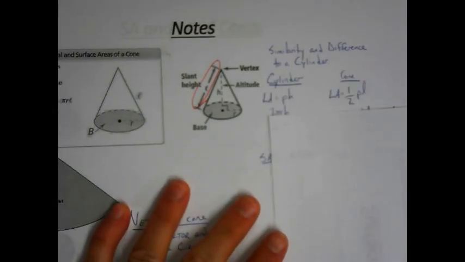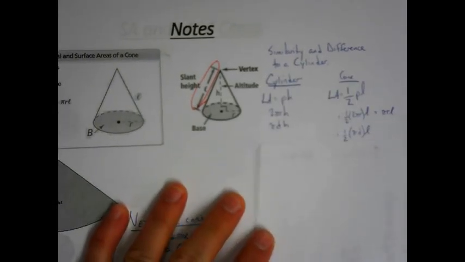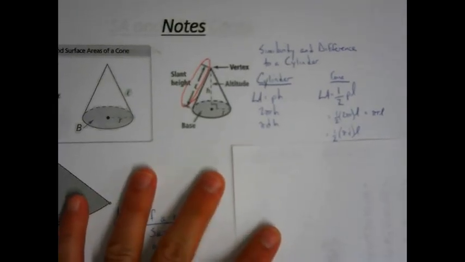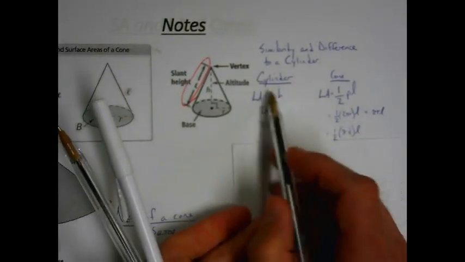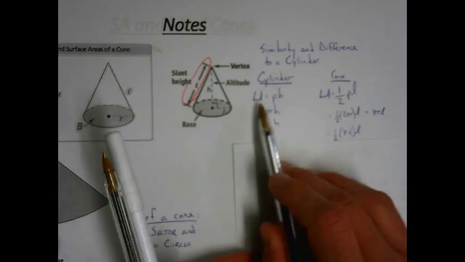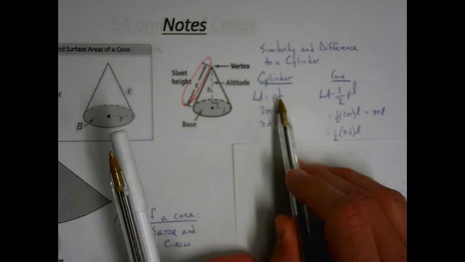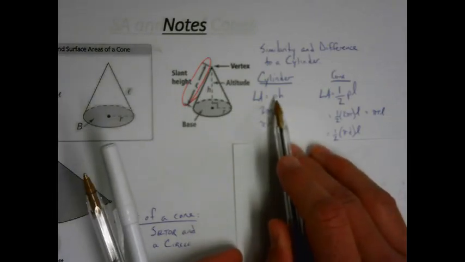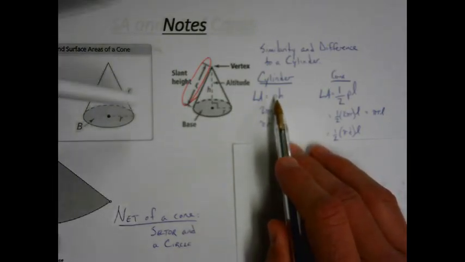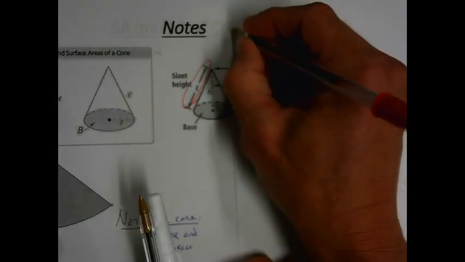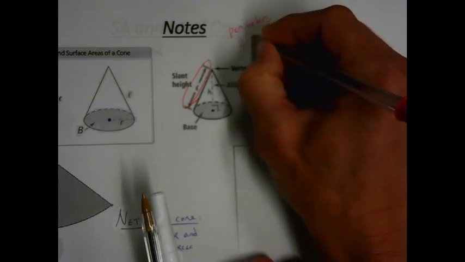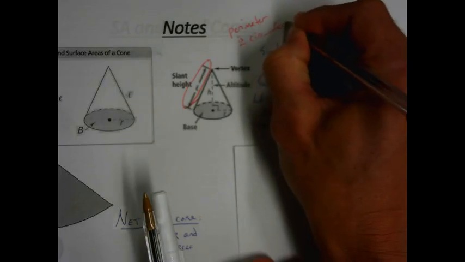So check this out. This looks a little bit crazier than it should. When we had our cylinder, if you remember, the lateral area was the perimeter of the base times the height. And the perimeter of the base was the circumference of the circle. You remember perimeter and circumference are the same thing for a circle, so that's an important thing to know.